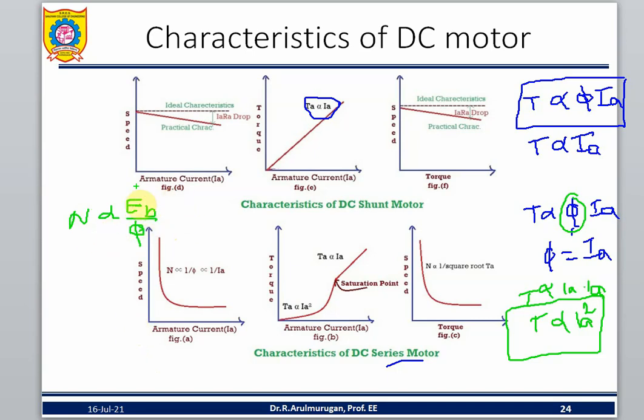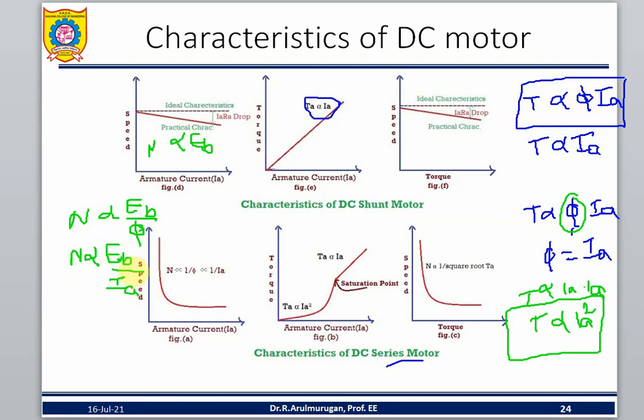Eb means back EMF voltage divided by the flux. What about the shunt motor? Flux is constant, so N is directly proportional to Eb. But in a series motor the flux is not a constant, so flux is nothing but Ia. So N is directly proportional to Eb divided by Ia.